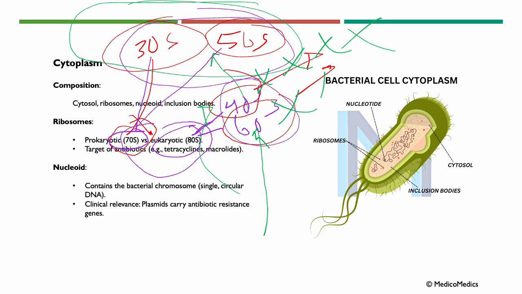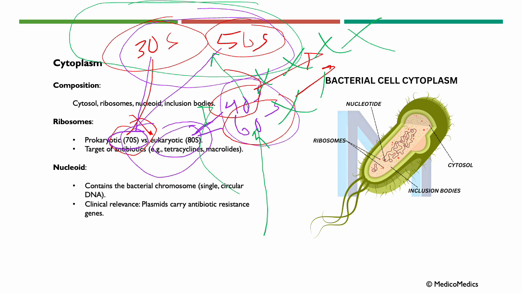And the whole purpose of knowing all of these details medically is that this difference between the prokaryotic and the eukaryotic is leveraged to develop antibiotics to selectively target bacterial ribosomes and minimize damage to human cells, ensuring the effectiveness of treatments. So that's that.